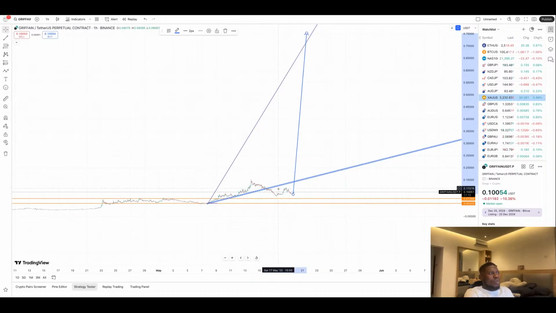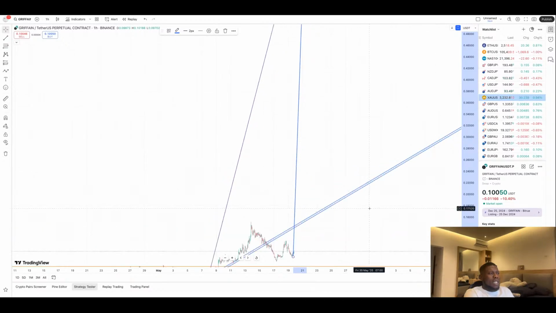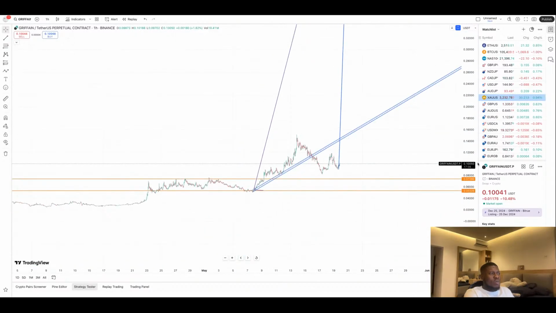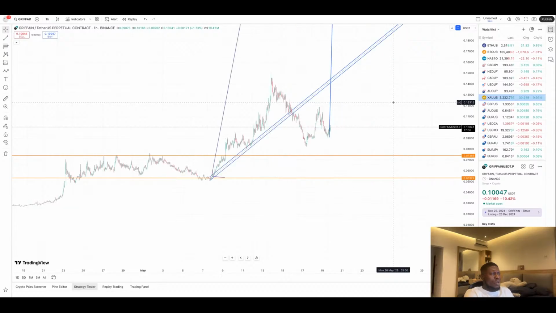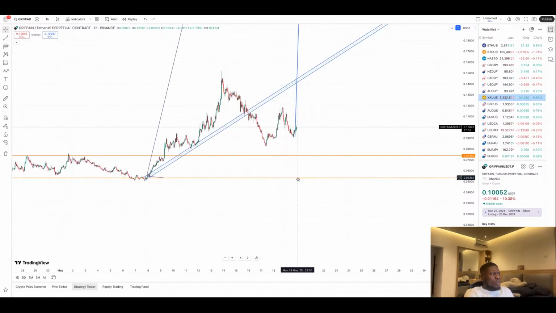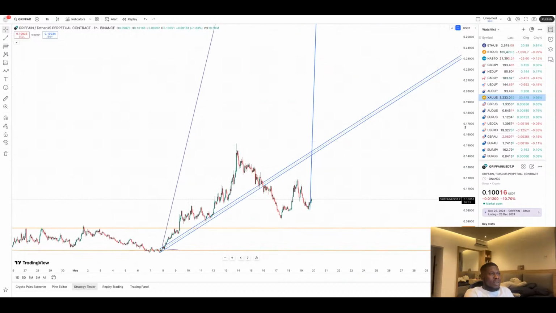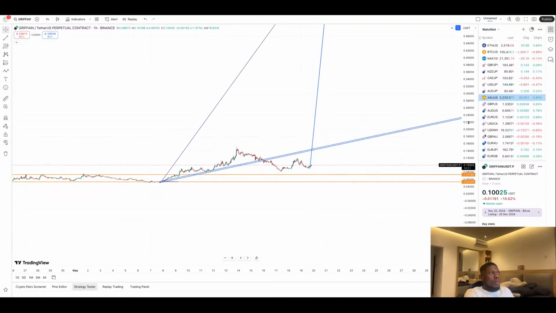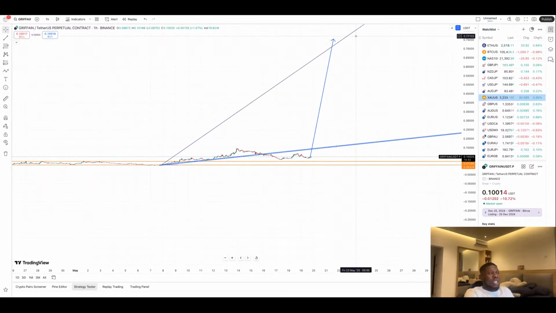And this kind of markets, I do not like trading them because market can actually pull back to this region. So if market didn't pull back here, this coin will pump all the way back until it touches this line.